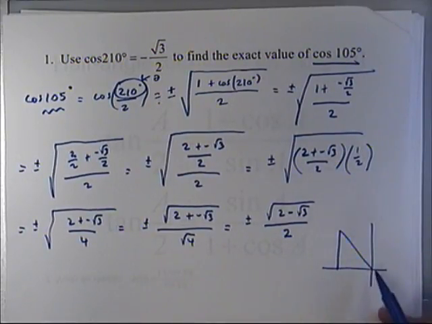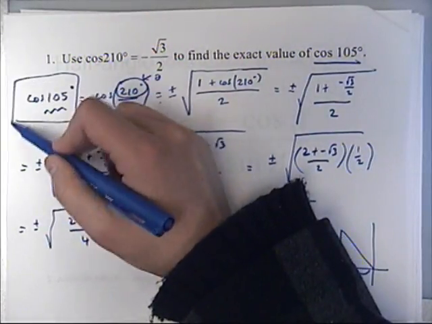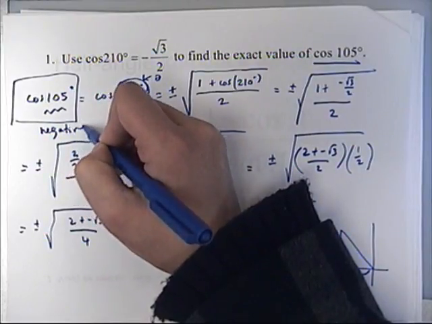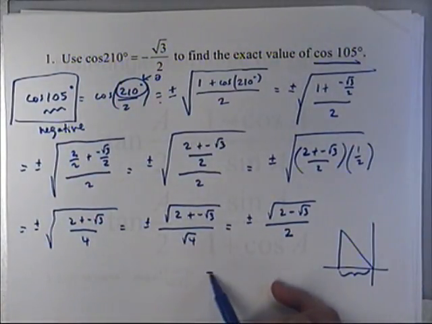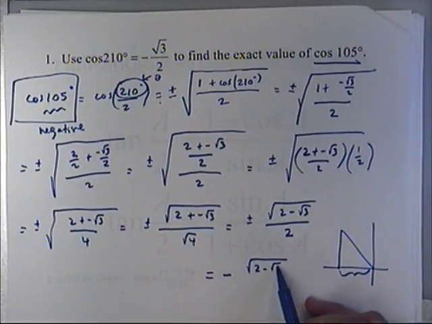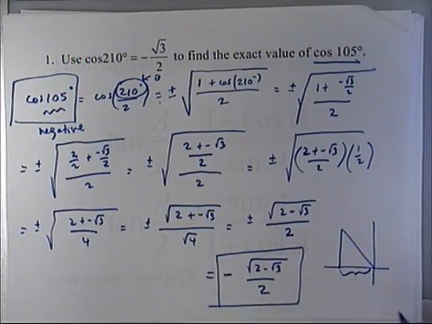Wouldn't that be negative? Because that's like this value right here. It's the horizontal side going left. So the cosine of 105 degrees would be a negative value. Therefore, our answer must be the negative version of that fraction only. And that's our final answer for the first example.